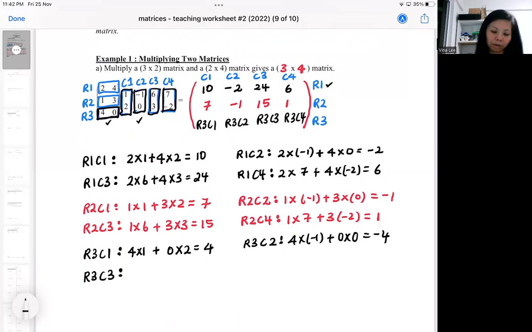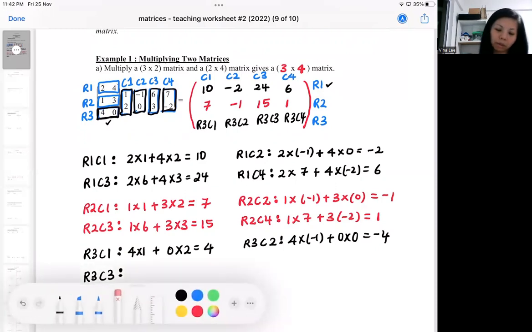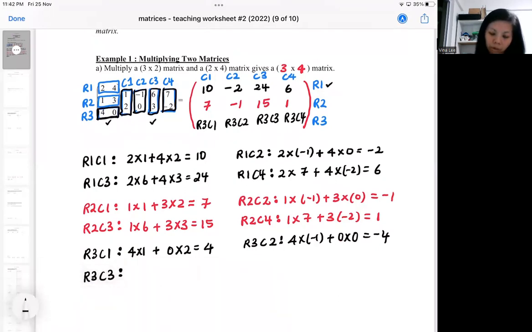Maybe for a start, you might feel that you need to write the working. So obviously, if you're going to be writing the working, you will feel that it's going to be very long. So gradually, you should learn to do without the working. So mentally, you train yourself. So your brain got to associate the multiplication to be a row times column. For the first matrix, we'll always take the row. For the second matrix, we always take the column.